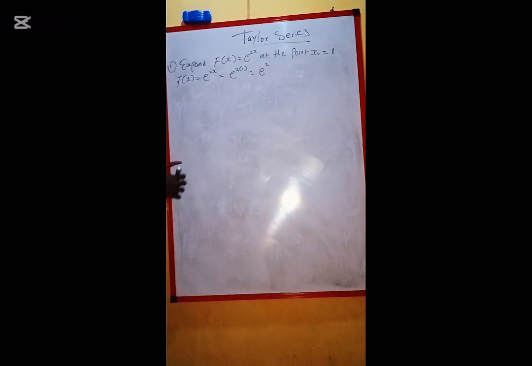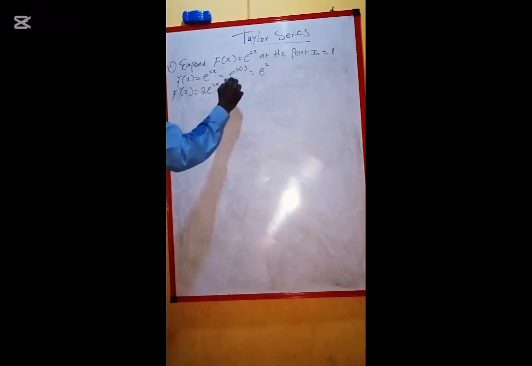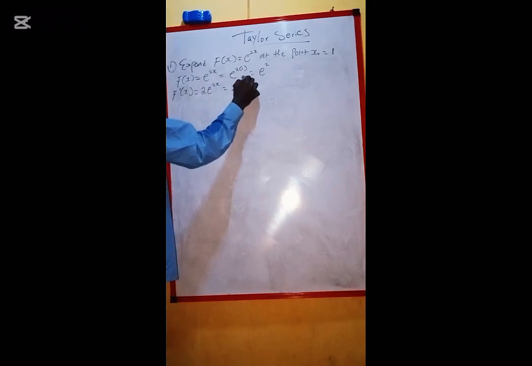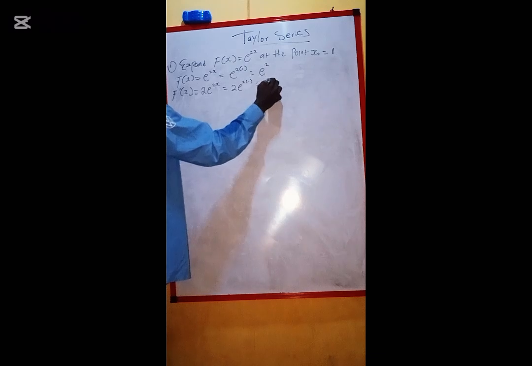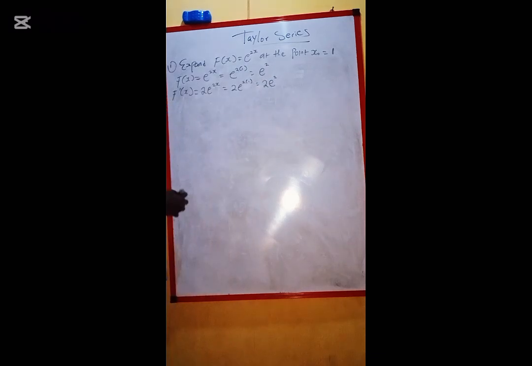Then our first derivative: differentiating e to the 2x gives 2 times e to the 2x, so at 1 it is 2e squared.